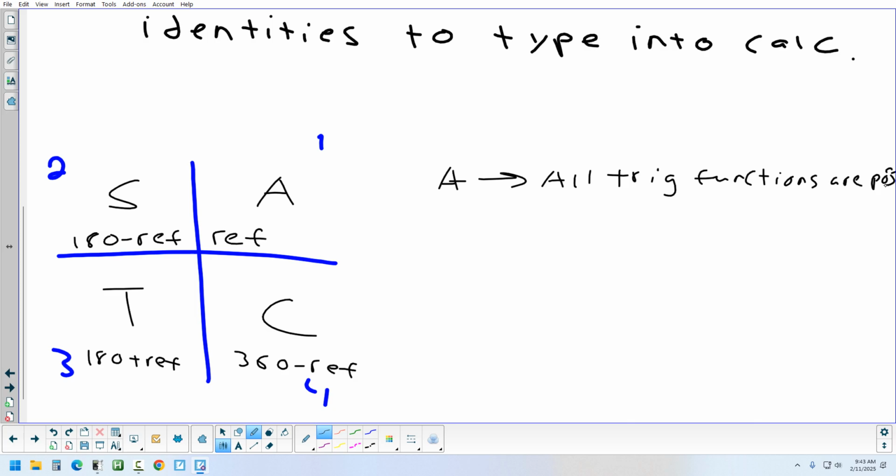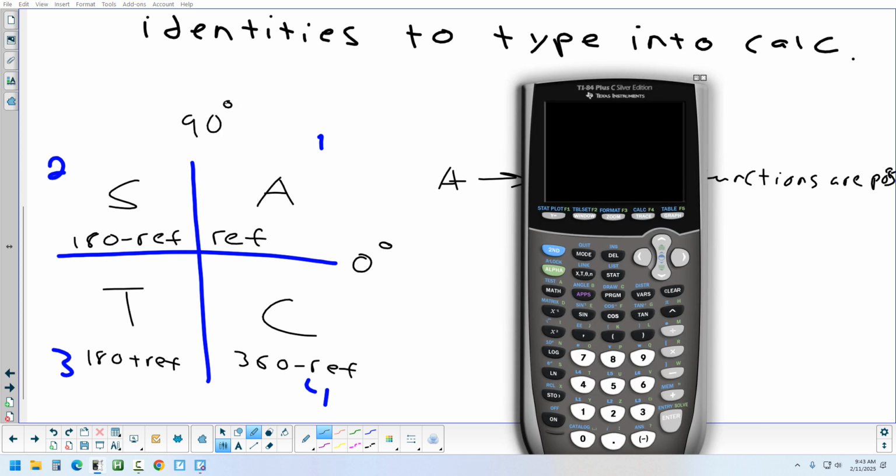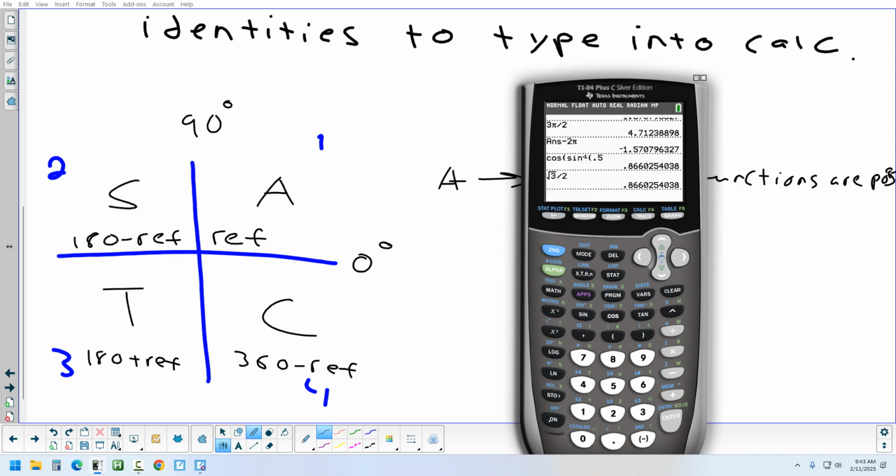All trig functions are positive. So if you pick an angle between 0 and 90 degrees, and you take the sine, the cosine, or the tangent, every single one of them will come out positive.